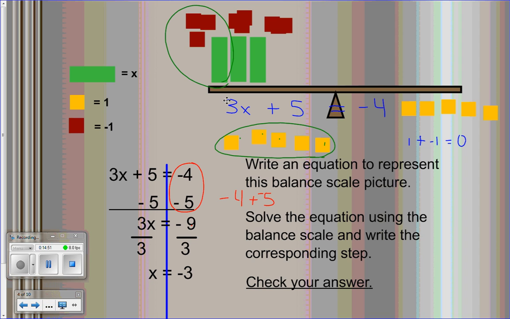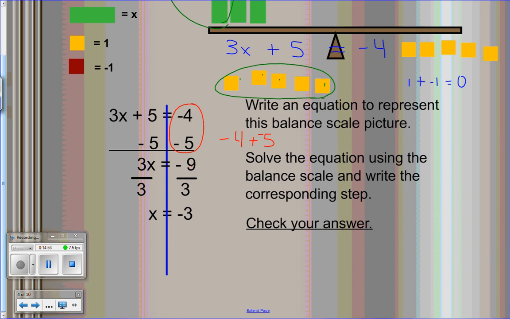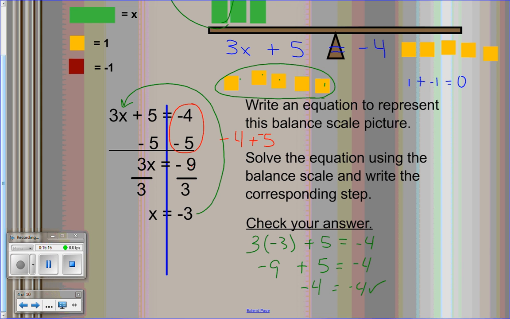Let's check our answer. Let's put that negative 3 in for x. 3 times negative 3 plus 5 is equal to negative 4. So we have negative 9 plus 5 is equal to negative 4, and that's correct. Negative 4 is equal to negative 4. So we're right. Let's try the next problem.